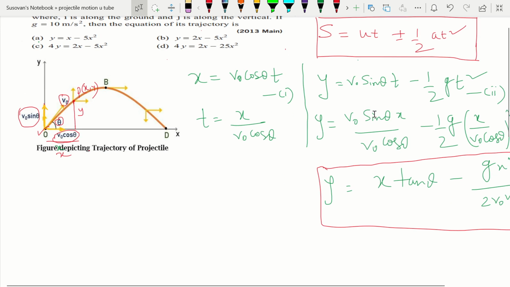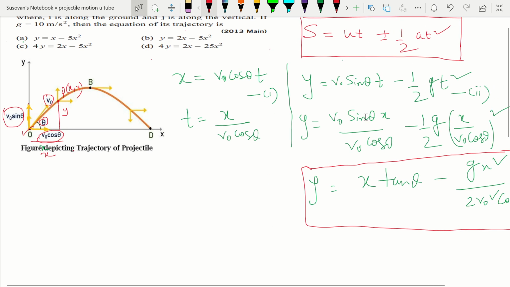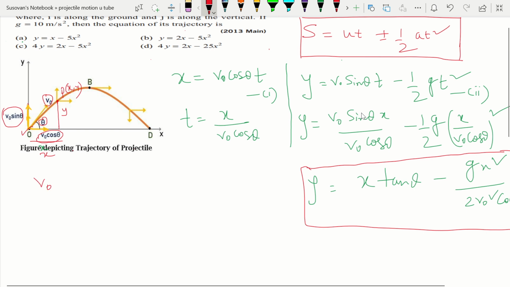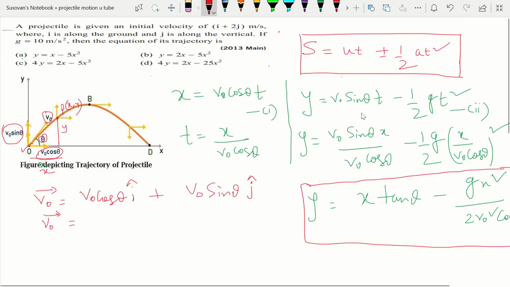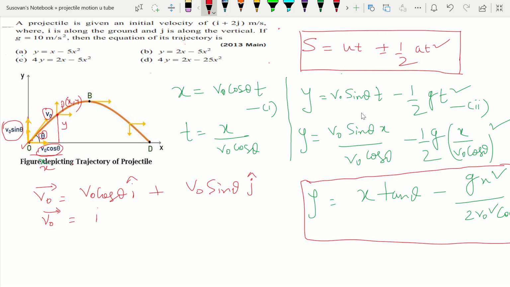Now we know that the initial velocity can be written as v0 cos theta i cap plus v0 sin theta j cap, and in the given question the value of v0 is given as i cap plus 2 j cap.